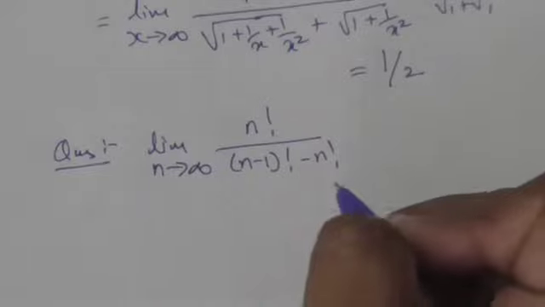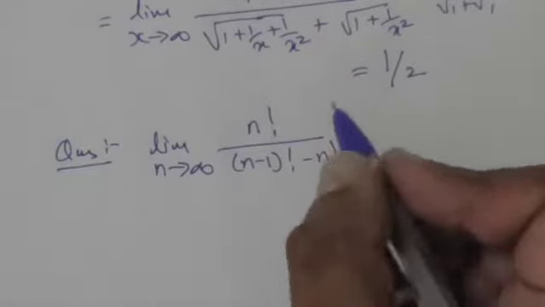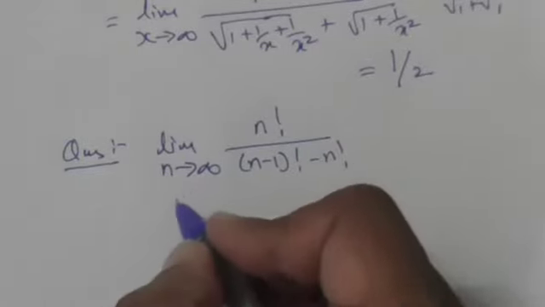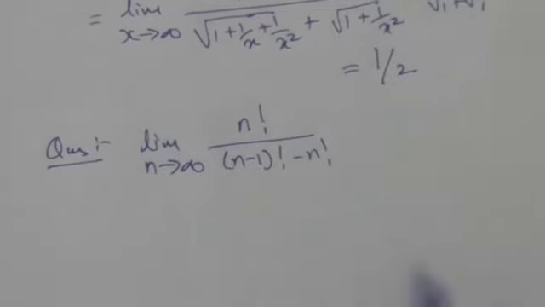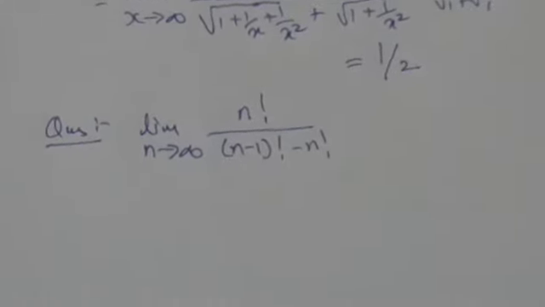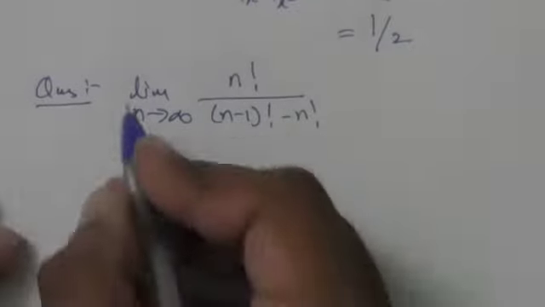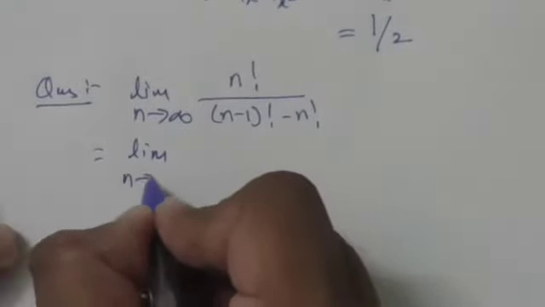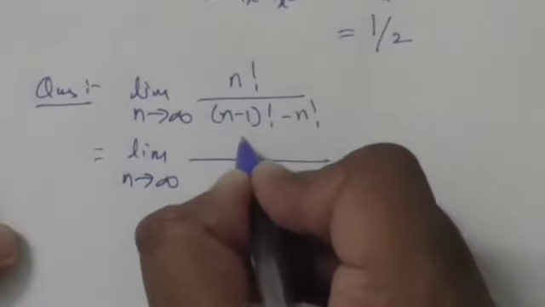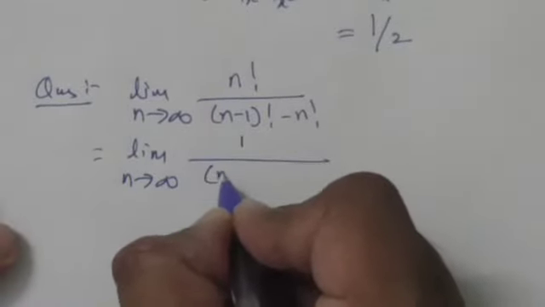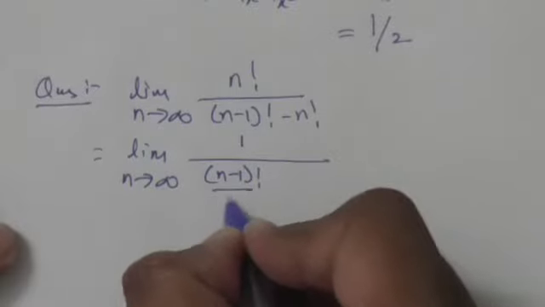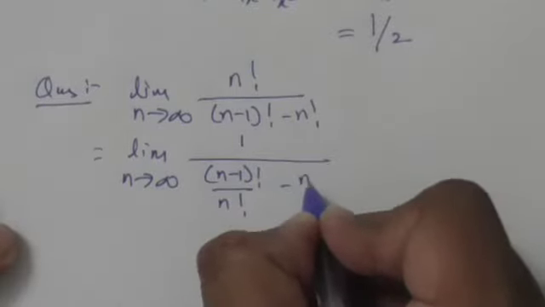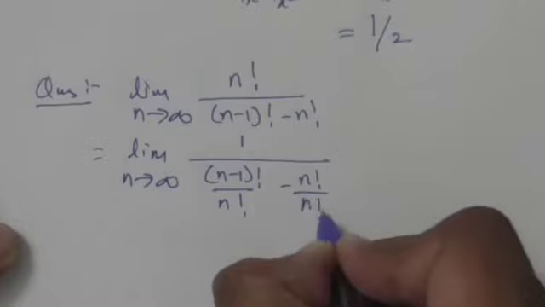So in this case, what we will do, we will divide both numerator and denominator by n factorial. So we will have limit n tends to infinity 1 upon n minus 1 factorial upon n factorial minus n factorial upon n factorial.